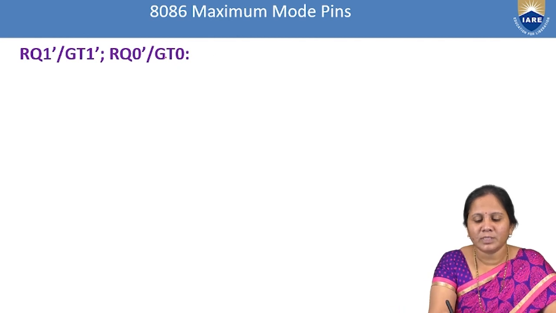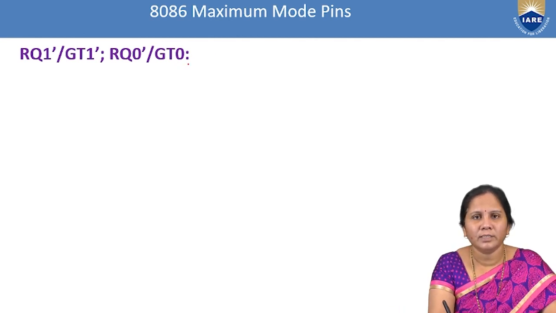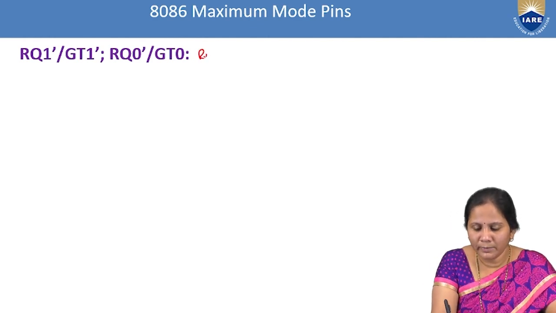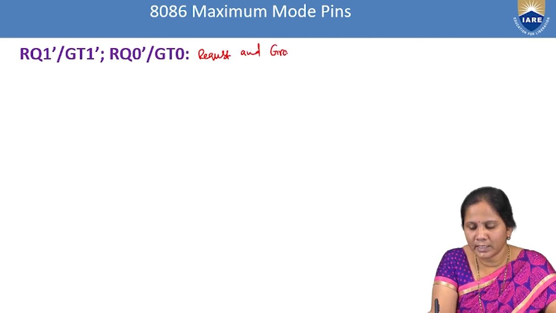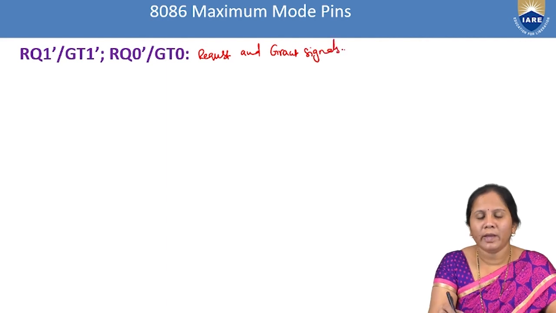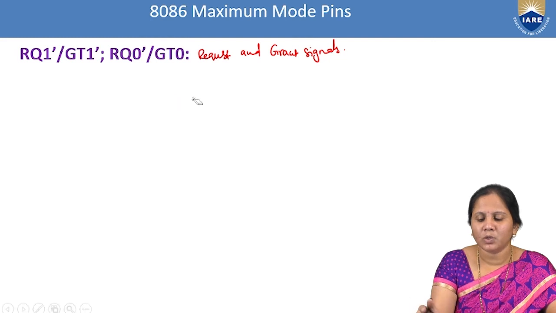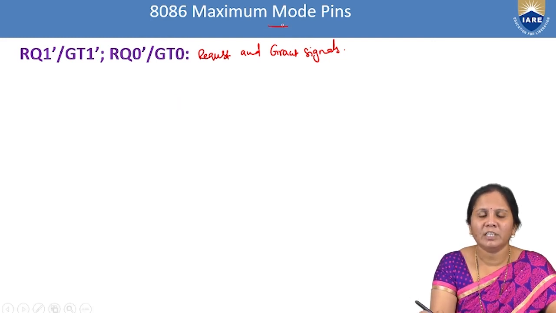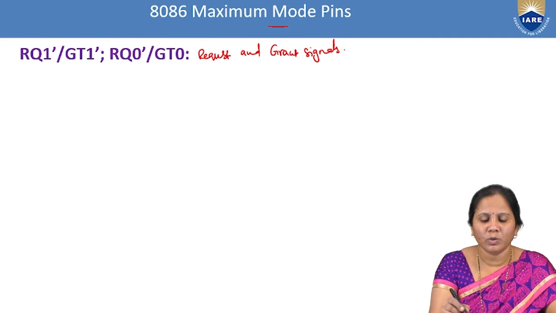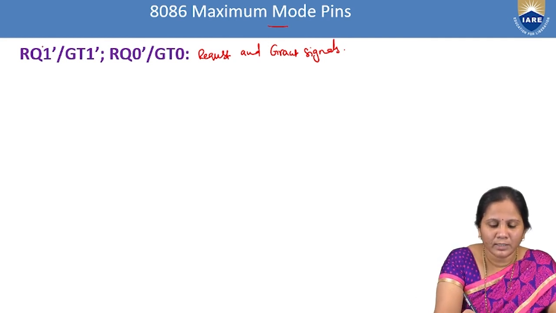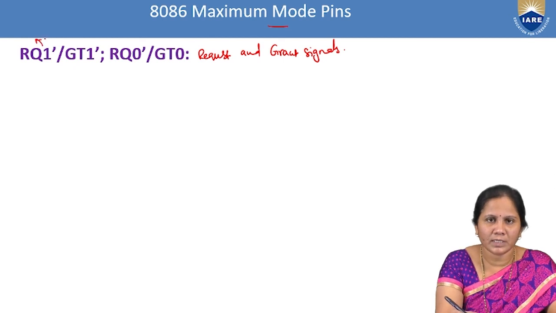And the next maximum mode signals are RQ1, GT1 and RQ0, GT0. They are called request and grant signals. There are two request and grant lines because this is maximum mode, where multiple processors can be connected.